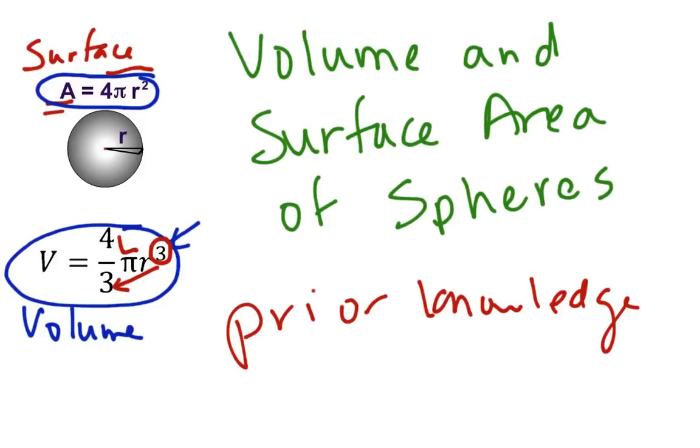And I also always remember that surface area is squared. So the rest of it is the same. The pi, the 4, and the r are in both formulas. And then I just have to remember the 2 is in area, and then the 3 is in 2 places in the volume. So that helps me remember it. Okay, so that was your prior knowledge and your introduction and your key information all on one slide.